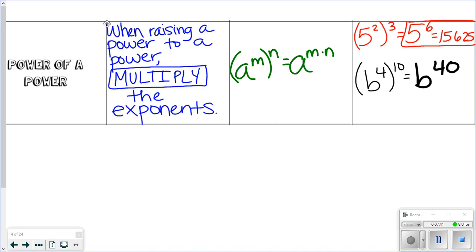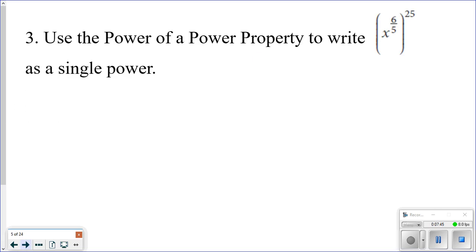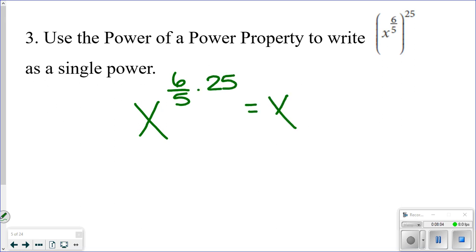Okay, back in your book, I want you to answer question 3. Don't let the fractions scare you. Remember, you're just multiplying, so use your calculator to help you. Six divided by 5 times 25.